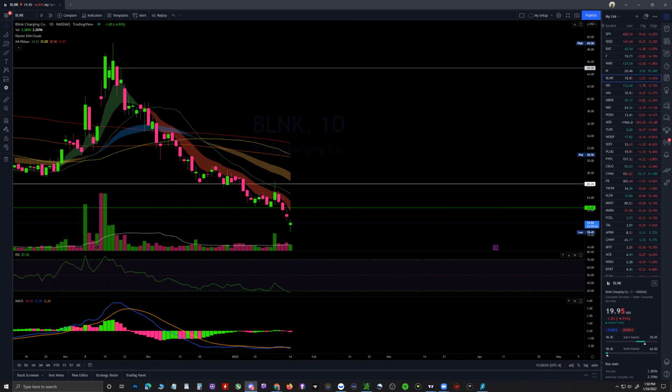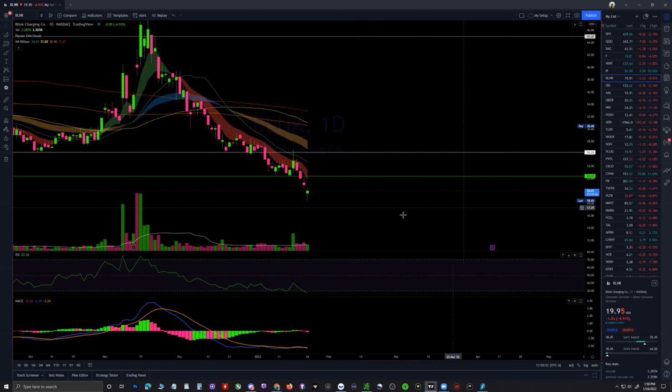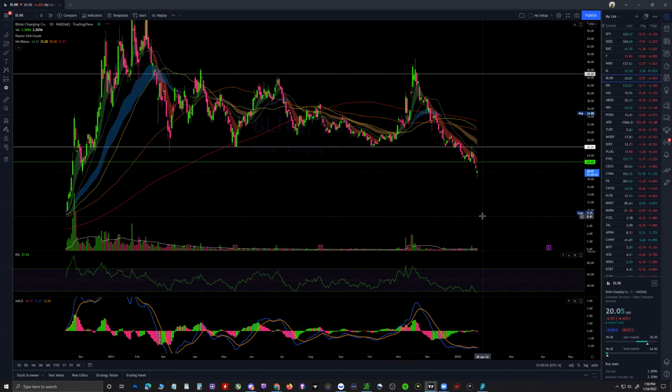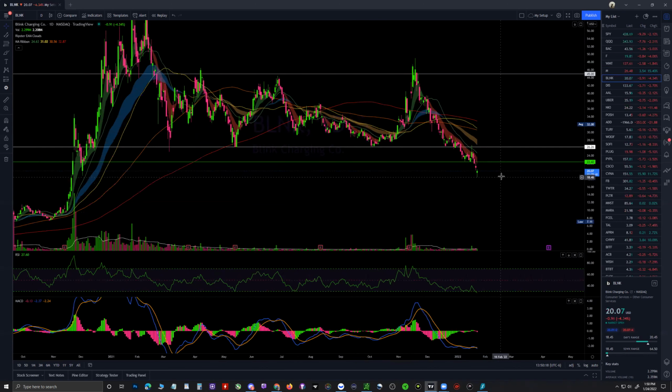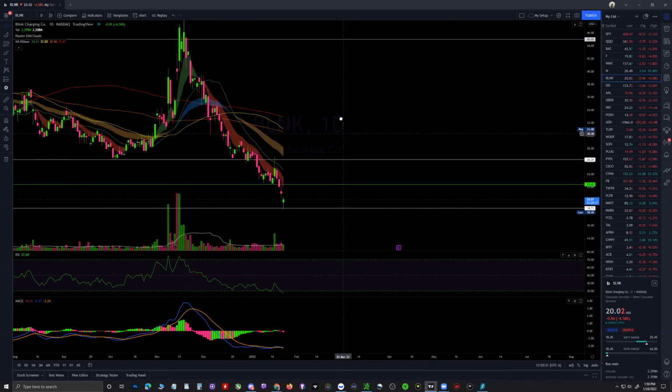Let's see here. Blink gap down and a little bit of a recovery today. But yeah, I guess you could call this support here. It's not very strong support. But you could call it support.